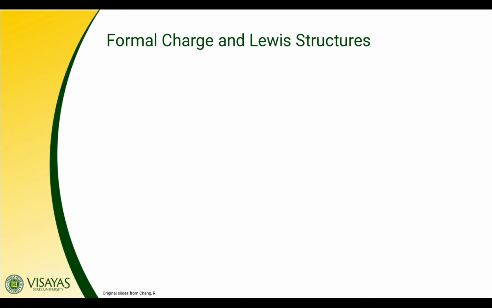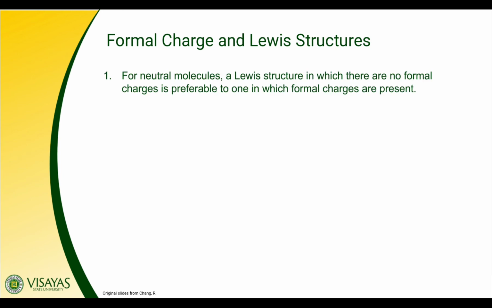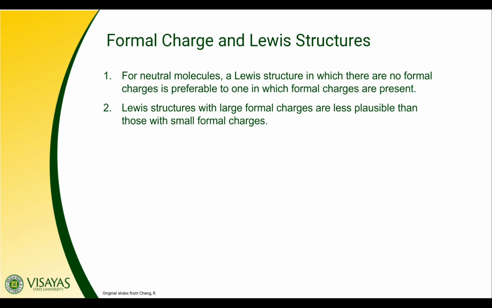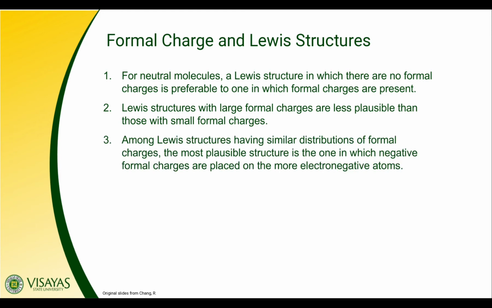Okay, formal charge and Lewis structure. For neutral molecules, a Lewis structure in which there are no formal charges, so that means 0 formal charge for each element, is preferable to one in which formal charges are present. Second, Lewis structures with large formal charges are less plausible than those with small formal charges.